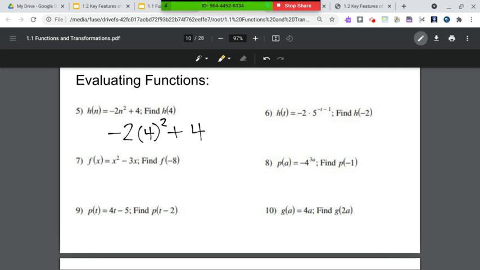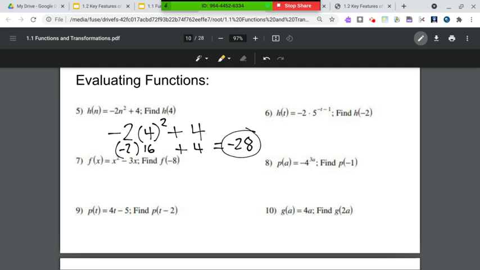I'm going to do the mental math, but you could also use your graphing calculator. Yep, whatever you want. But we're going to do exponents first. So 4 squared is 16, times negative 2 is negative 32. Negative 32 plus 4 is negative 28.